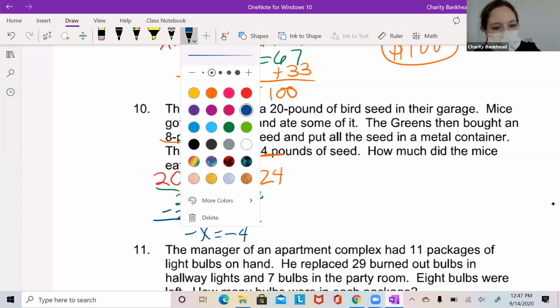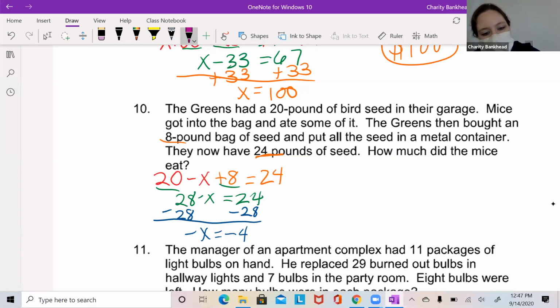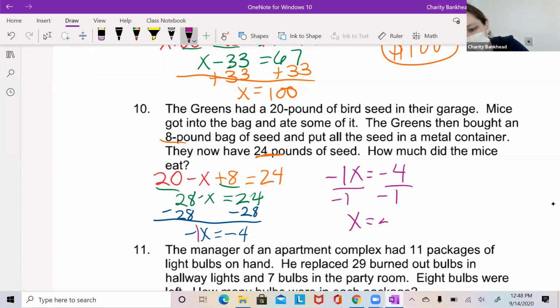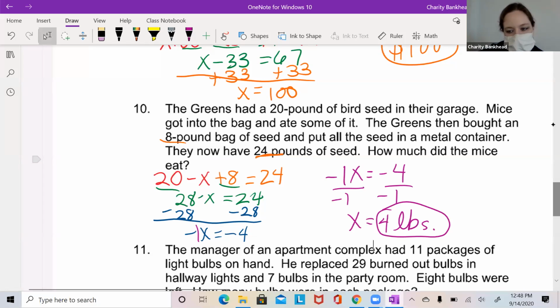So negative X is the same thing as negative 1X. So you have negative 1X equals negative 4. So you need to divide both sides by negative 1 to get X equals 4. So the mice ate 4 pounds of birdseed. That seems like a lot. Maybe there were a lot of mice. I don't know.